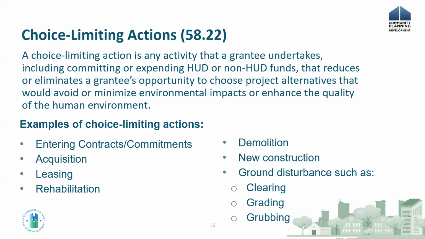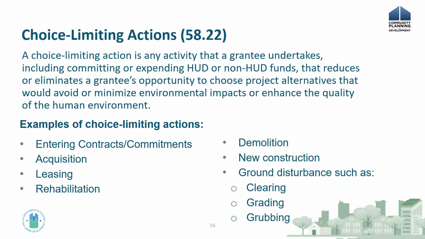A choice limiting action is any activity that a grantee undertakes, again, including committing or expending HUD or non-HUD funds, that would reduce or eliminate the opportunity to choose a project alternative that may avoid or minimize environmental impacts.